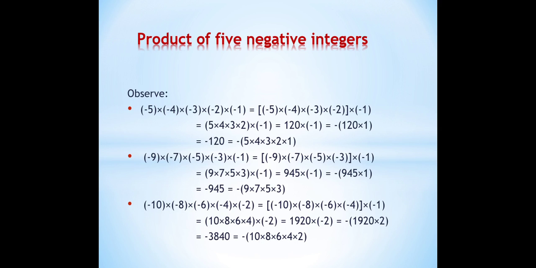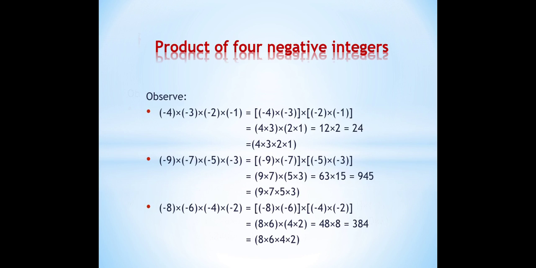Now let's see the product of 5 negative integers. Minus 5 into minus 4 into minus 3 into minus 2 into minus 1. Now we will group this: minus 5, minus 4, minus 3, minus 2, and minus 1. Now minus 5 into minus 4 into minus 3 into minus 2, these are 4 negative integers, and we have seen that the product of 4 negative integers is simply the product of the 4 whole numbers.